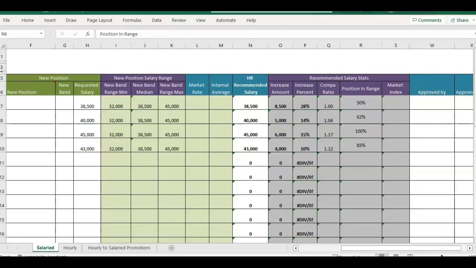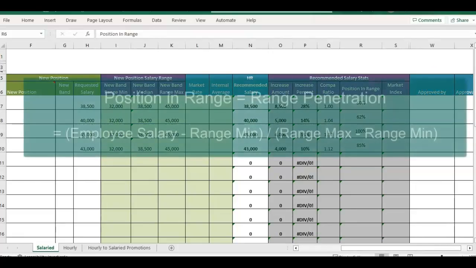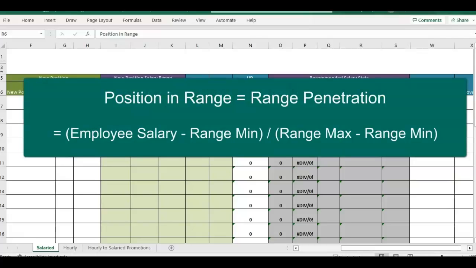So here is a breakdown of the formula for position and range. It's going to be the employee's pay. If you're looking at a new salary increase or recommendation, it's looking at the new salary or employee's pay minus the salary range minimum, divided by the max of the salary range minus the min of the salary range.